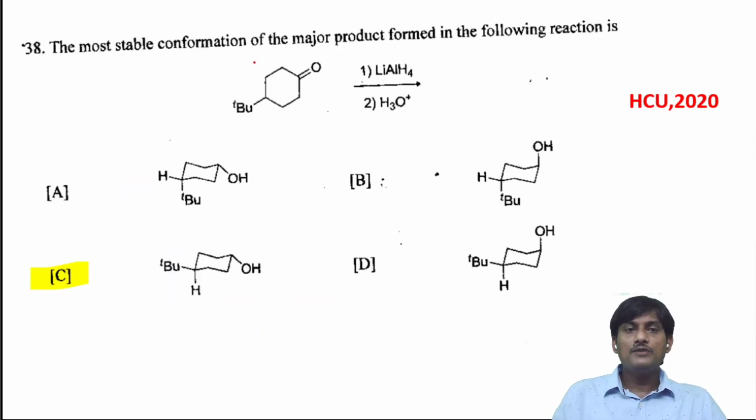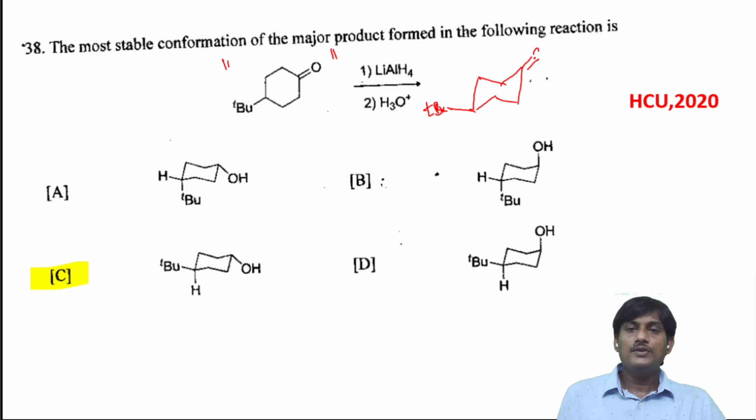The most stable conformation of the major product formed in the following reaction is. Here we will get the thermodynamically more stable product when you treat this keto compound with lithium aluminum hydride. This is the structure, and tertiary butyl is at the equatorial position.